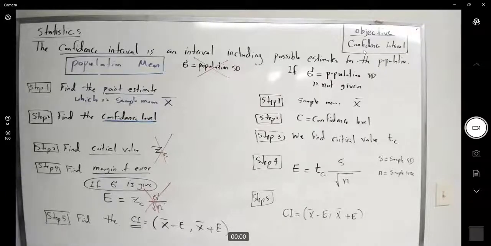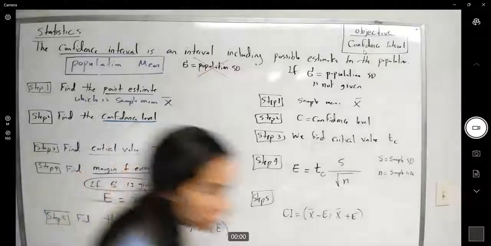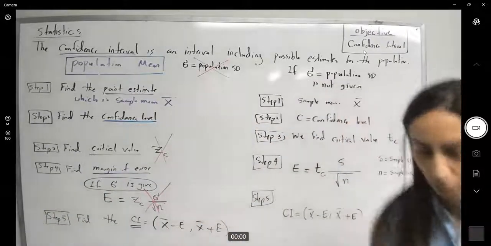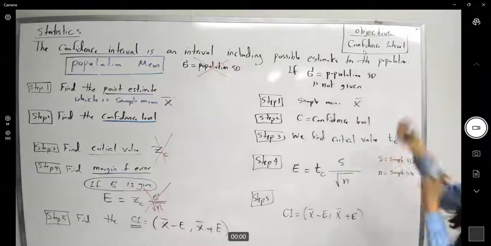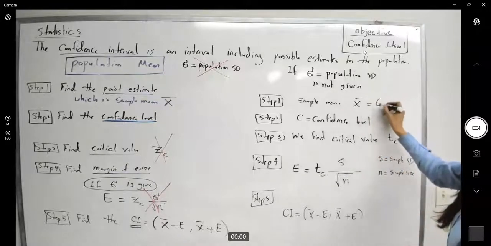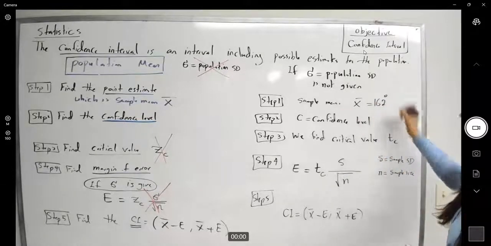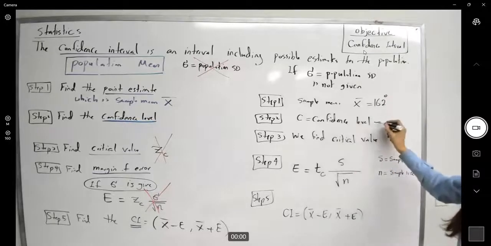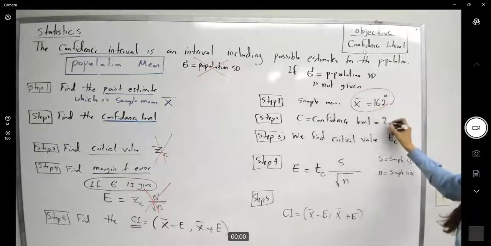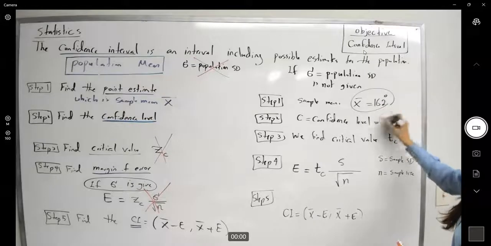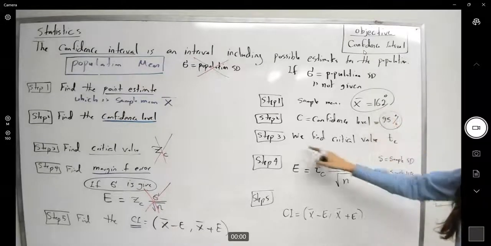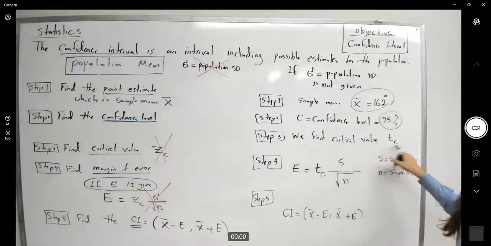Based on the information that is given to me, what do I have? The sample mean is 162 degrees. The confidence level is 95%. These are given in the question. We find the critical value, TC.